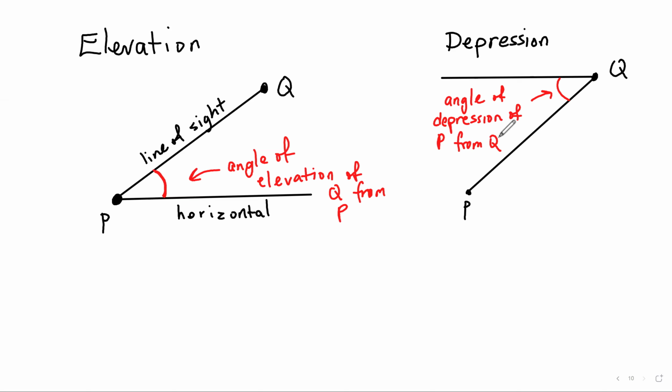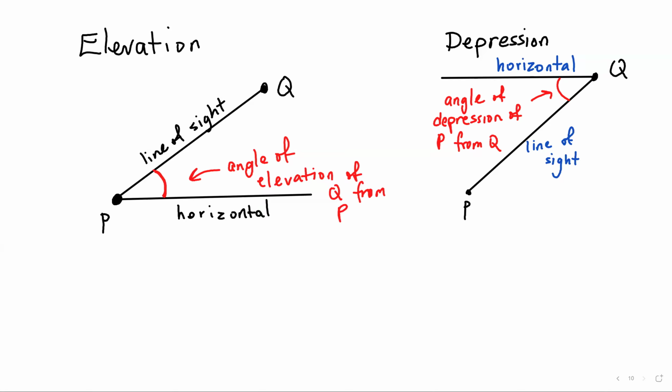And here you have your horizontal. So your horizontal will be at Q since you're looking down at P. And your line of sight is the line that connects the 2 points. You have to be able to identify your angle of elevation and your angle of depression. It's very important that you know how to do that. All right, so your angle of elevation and your angle of depression.